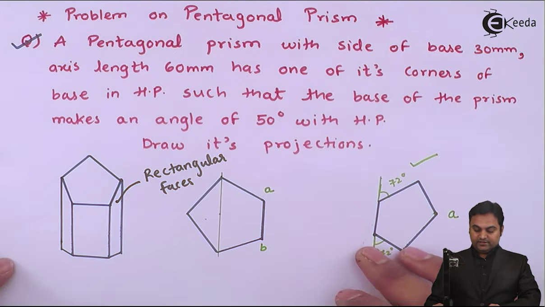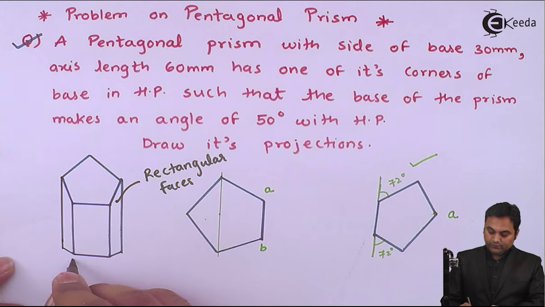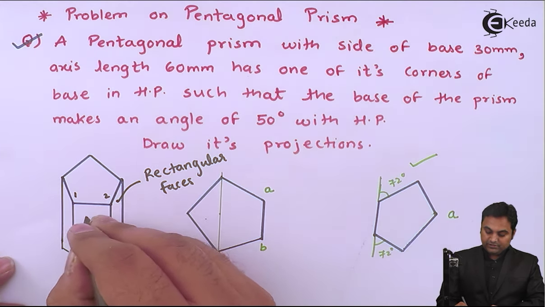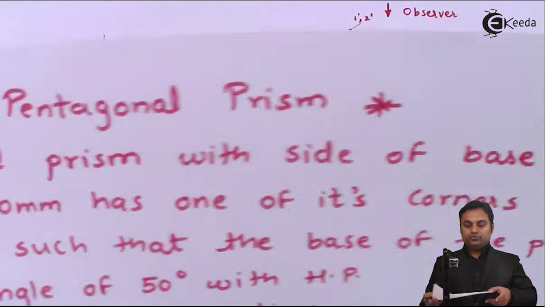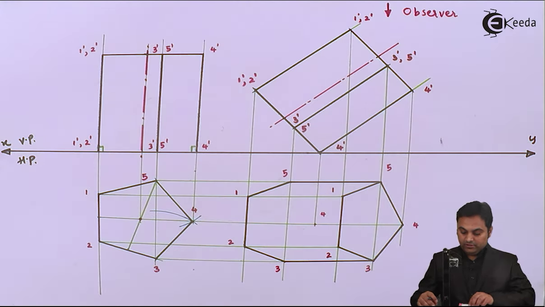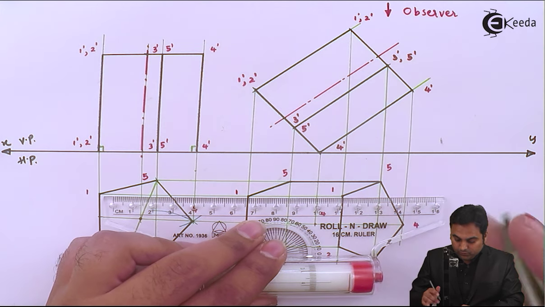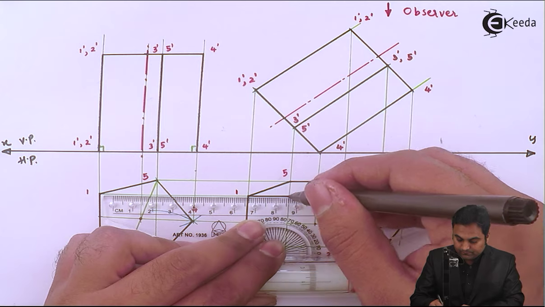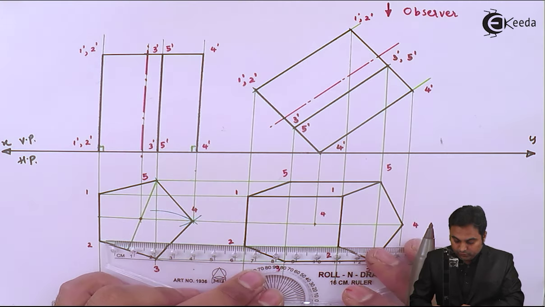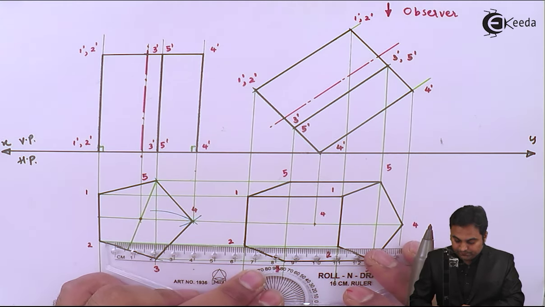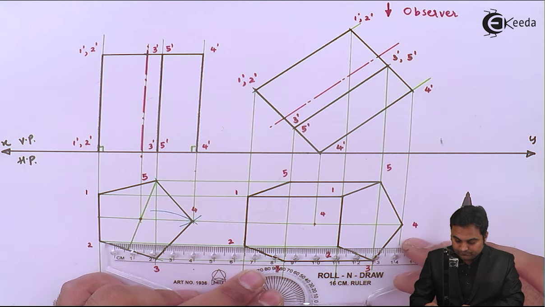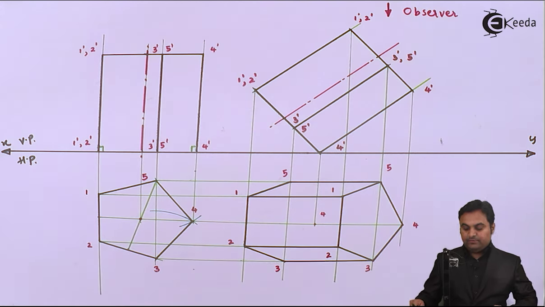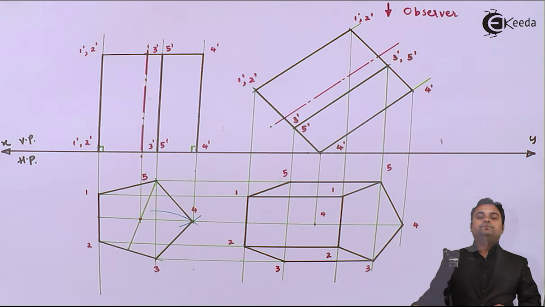This is point 1, here point 2, and here also 1 and 2. So this rectangular face comes closer to the observer, so it is visible. Connecting 1 dash with 1, 2 dash with 2. So this is the visible portion of the pentagonal prism.